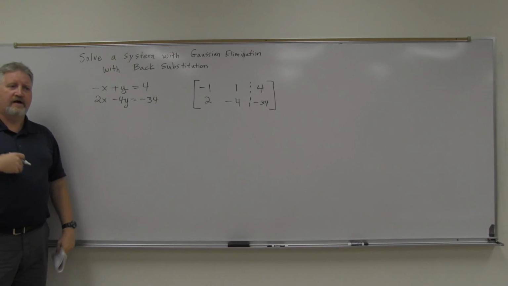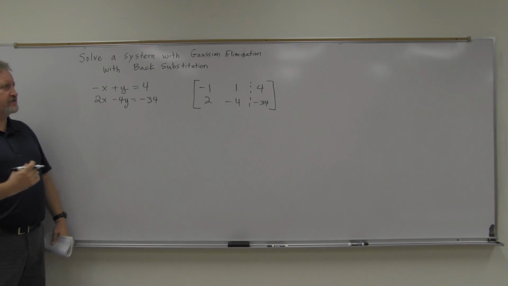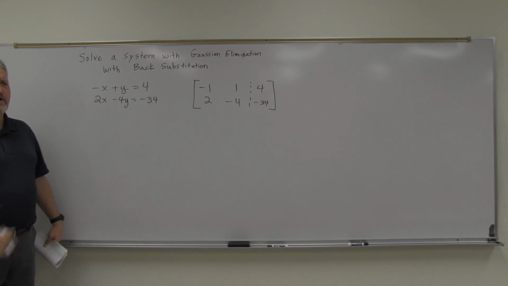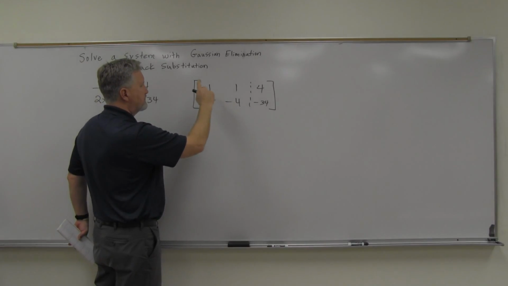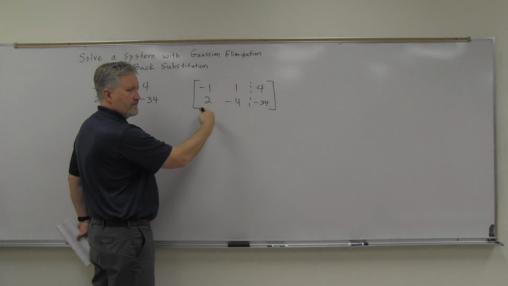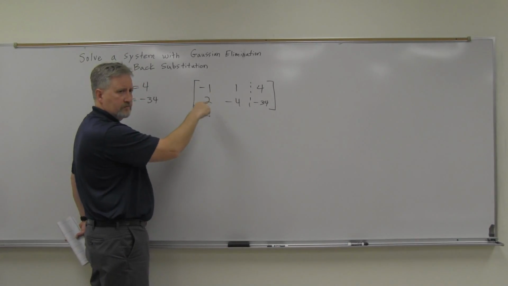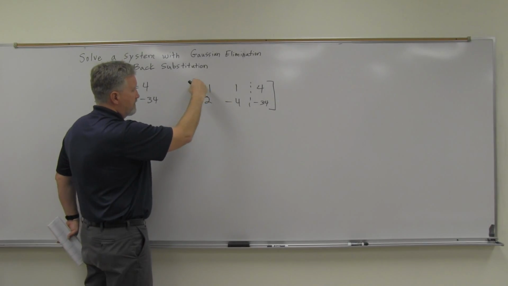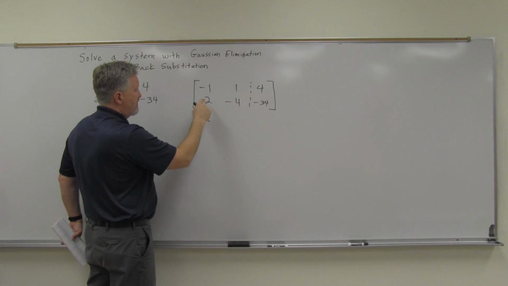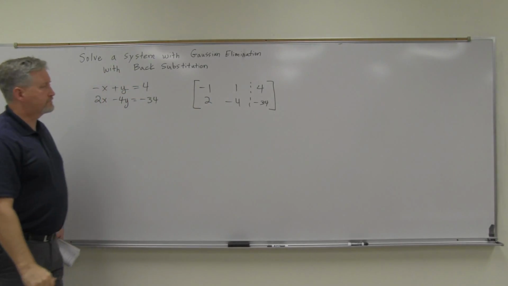All right, so what this Gaussian elimination relies on is we need this diagonal here to just be 1s, and then below the diagonal would be zeros. In this case, we need to make this and this be 1, and then we need that to be 0.